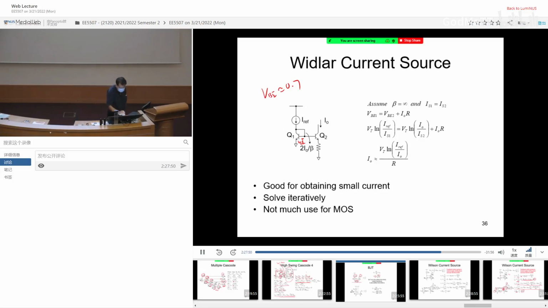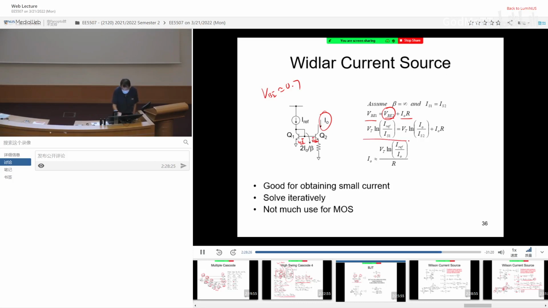Because of that, you make this VBE very small. And you know the current depends on the VBE. By compressing the VBE on the other branch, you are able to compress the current going through the other branch. So you can see that VBE1 equals VBE2 plus I0 R. So you try to make VBE2 very, very small. Therefore the resulting current for Q2 becomes very, very small.